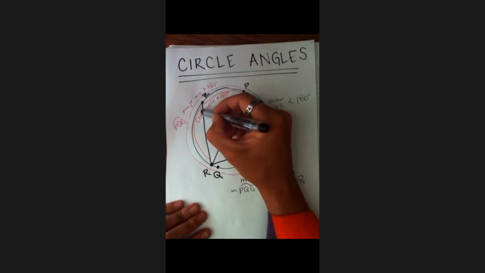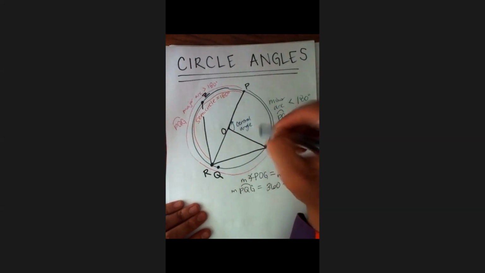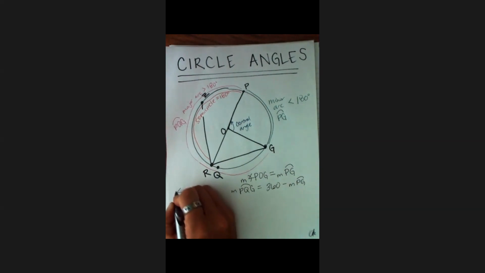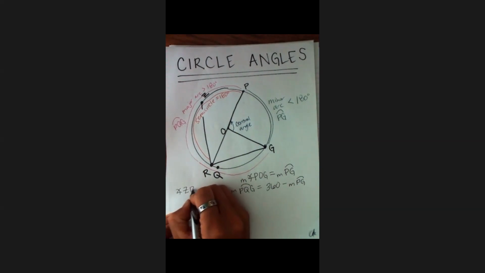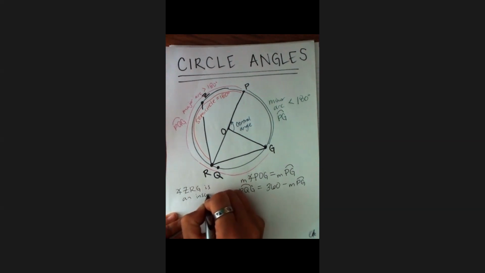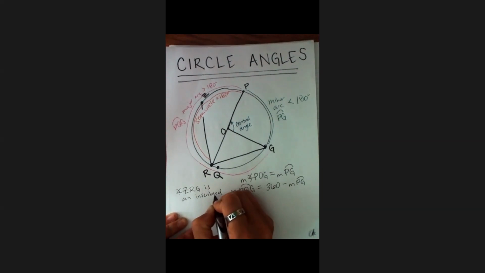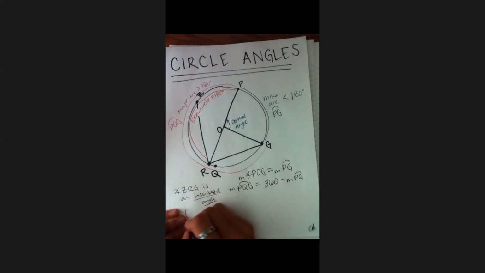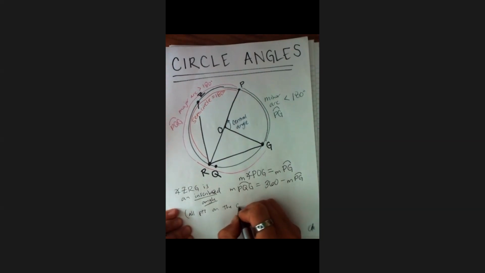This angle is called an inscribed angle. So angle ZRG is an inscribed angle, which means all of its points are on the circle.